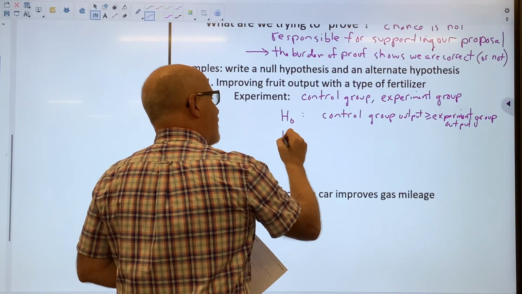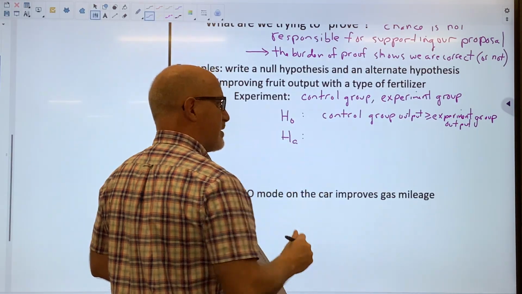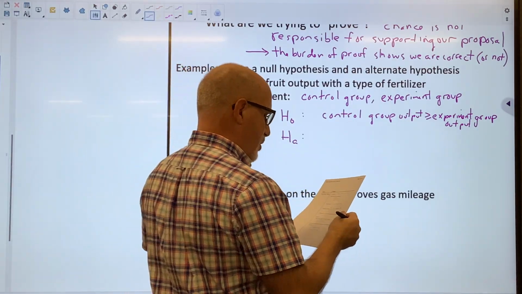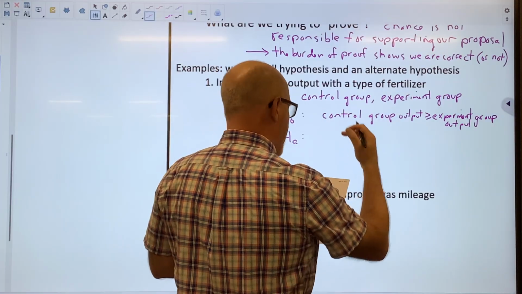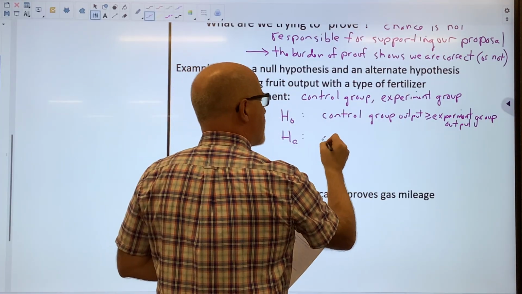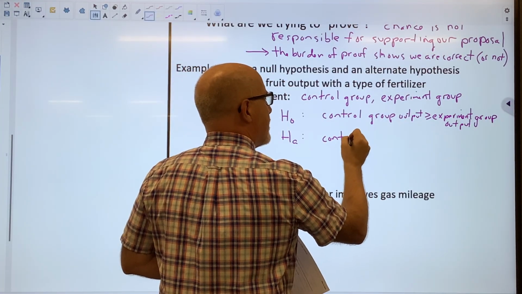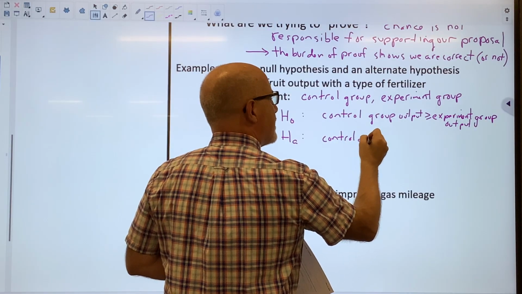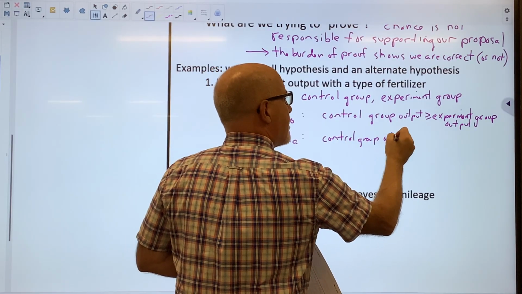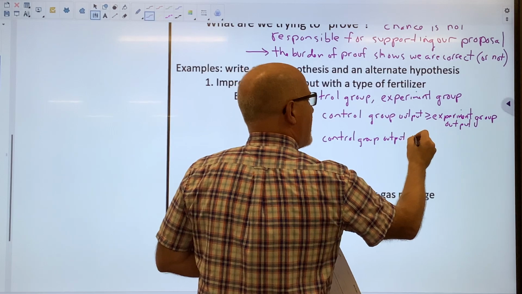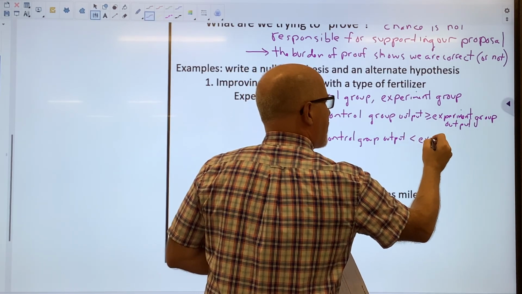Our alternative hypothesis, what we want to show if we prove the null false, would be that the control group output would be less than the experiment group output.